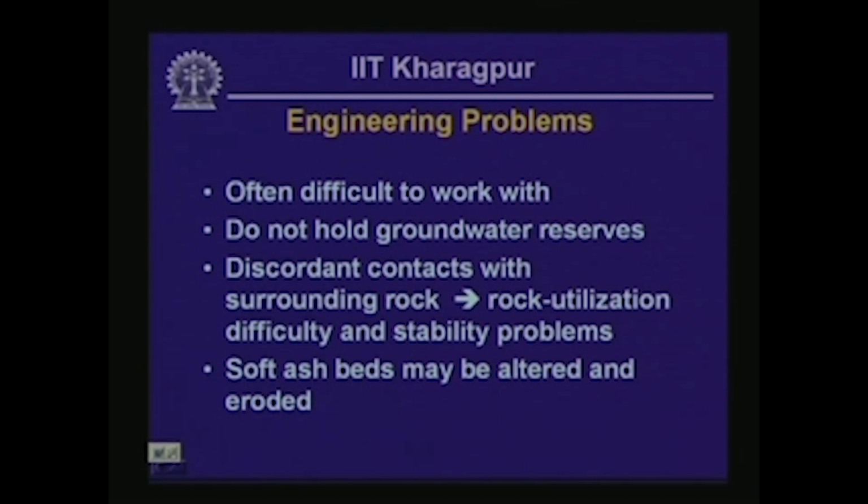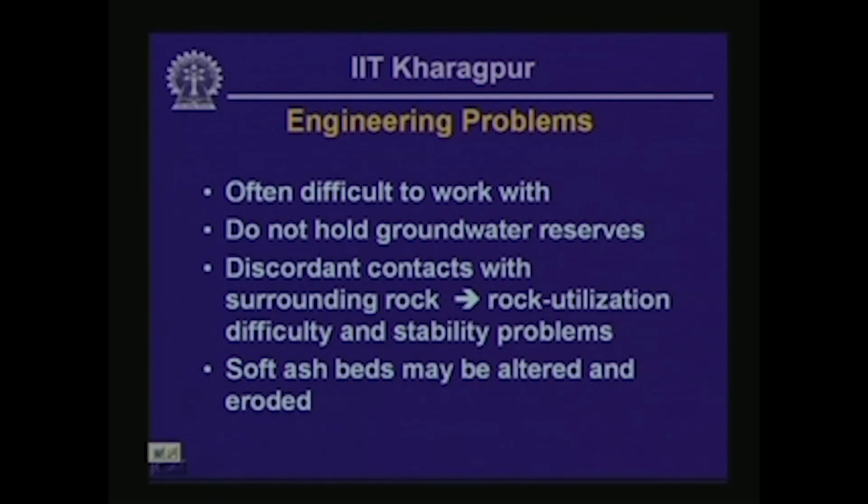Now, the typical construction problems are quite infrequent in case of a large civil engineering project in an igneous rock terrain. However, there are some problems which are indicated on this particular slide.